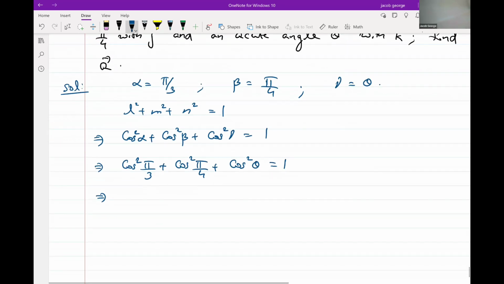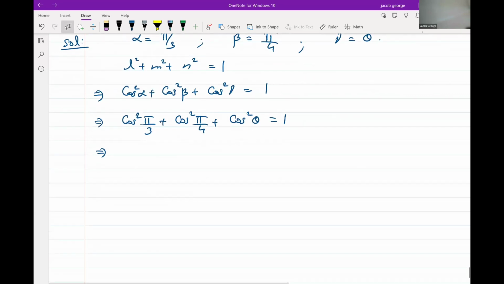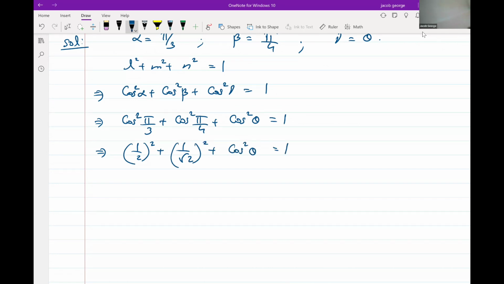What is cos pi by 3? Cos 60 is 1 by 2. So 1 by 2 square plus 1 by root 2 square plus cos square theta is equal to 1.